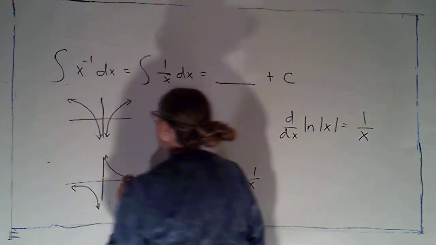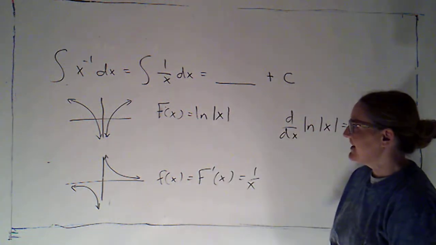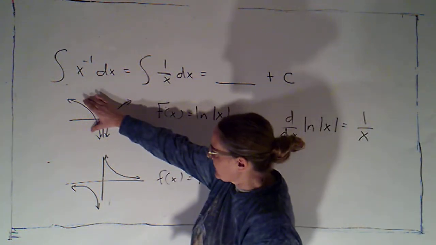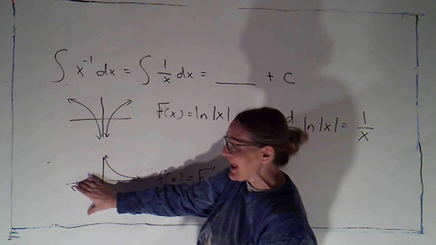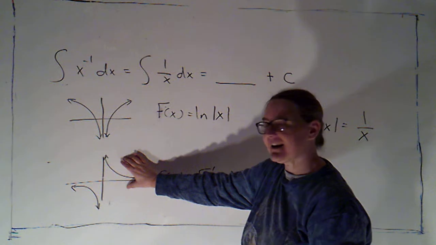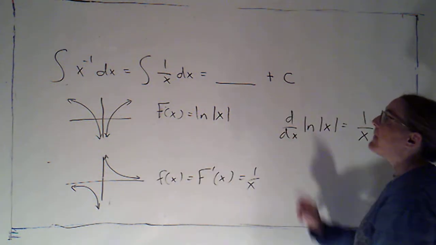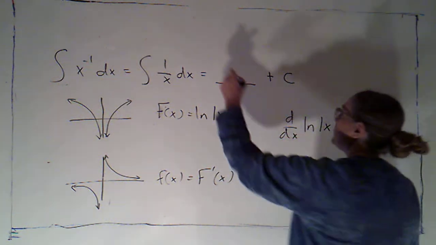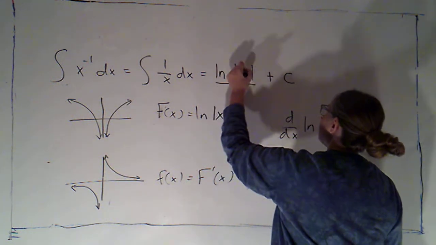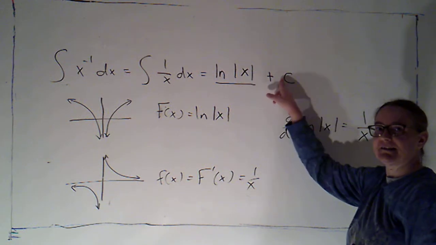So this is what the natural log of the absolute value of x looks like. This piece over here is an antiderivative for this piece of graph. This piece over here is an antiderivative for this piece of graph. And so my general antiderivative for 1 over x is going to be the natural log of the absolute value of x plus c.